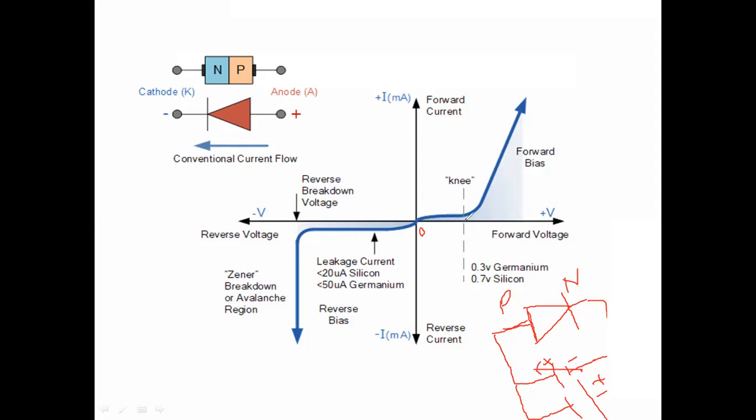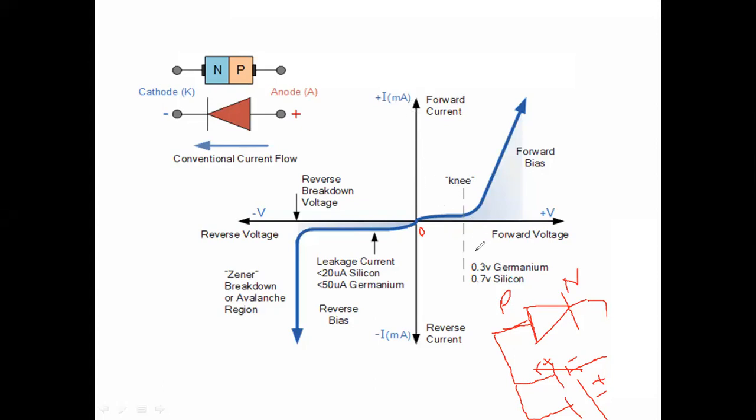When we increase the voltage from 0, initially a very small amount of current flows. On the y-axis we represent the current. When we increase the forward bias voltage to the diode, initially a very small current flows, in the range of milliamperes.